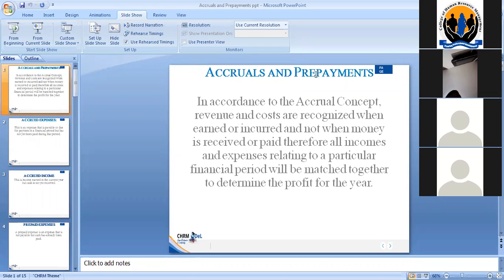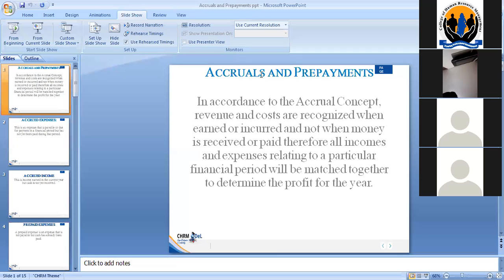Under those concepts, we discussed the matching concept, which is also known as the accrual concept. This concept simply states that revenues and expenses should be captured in the financial year where they were incurred and not the year when the amount is paid or received.